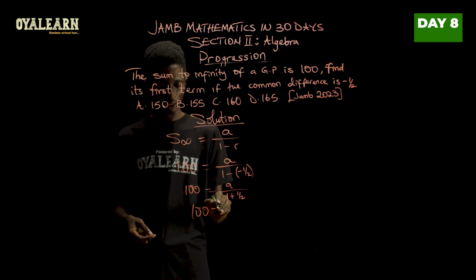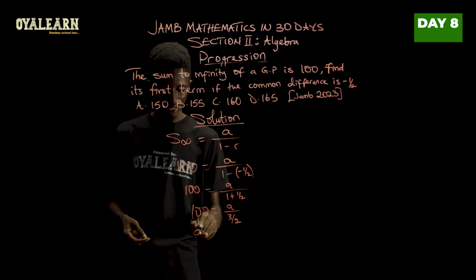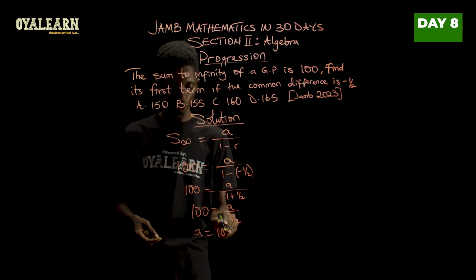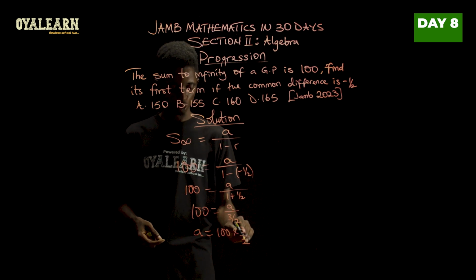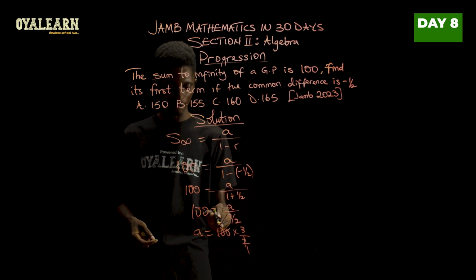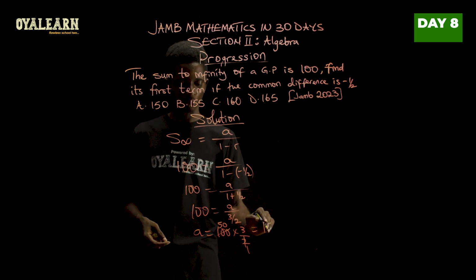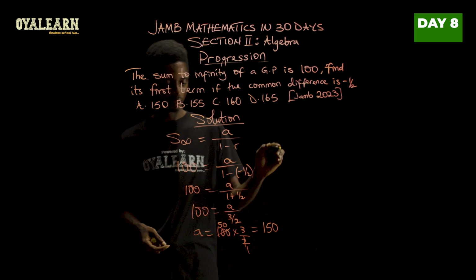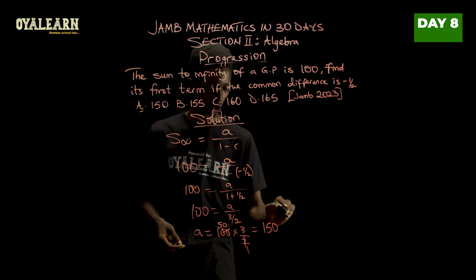So 100 equals a all over 3 over 2, which implies that a would be 100 times 3 over 2. Now 2 goes into 100 50 times. Now 50 times 3 will give us 150. So the correct option here is option A.